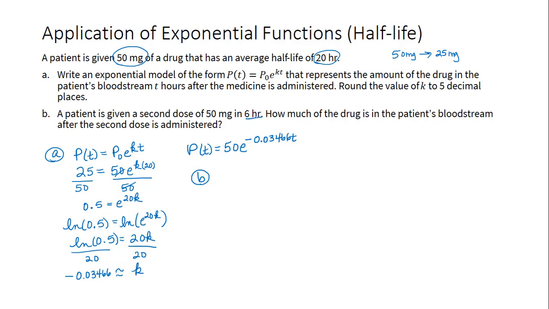So in 6 hours, we're going to find that value by determining P(6). P(6) is 50 times e^(-0.03466·6). And substituting that expression on the calculator gives us that P(6) is approximately 40.6 milligrams.